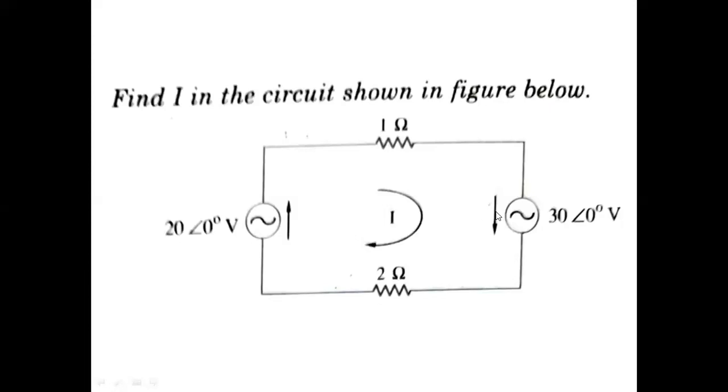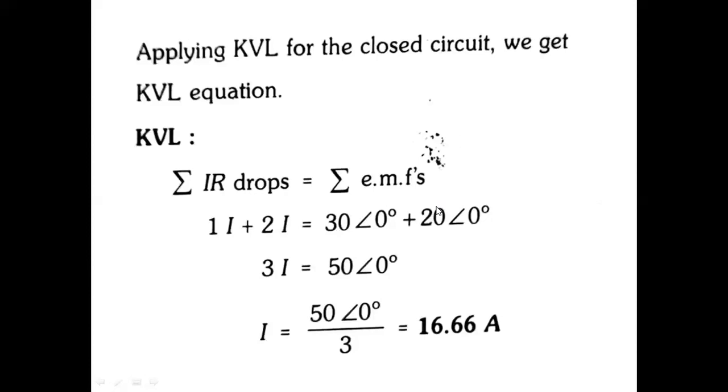I thought it is this direction. So this is a potential rise, and this is also a potential rise. So 20 plus 30 is equal to 2I plus I, 3I. So 50 by 3. Correct. This one.